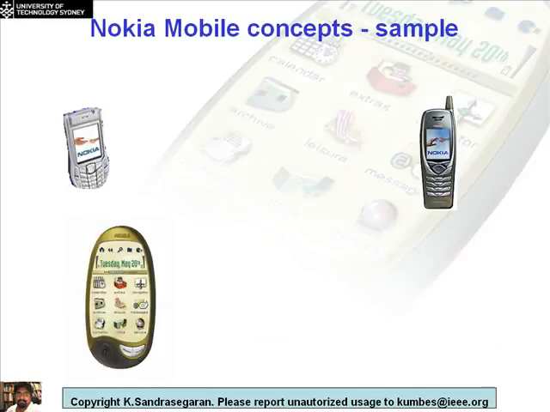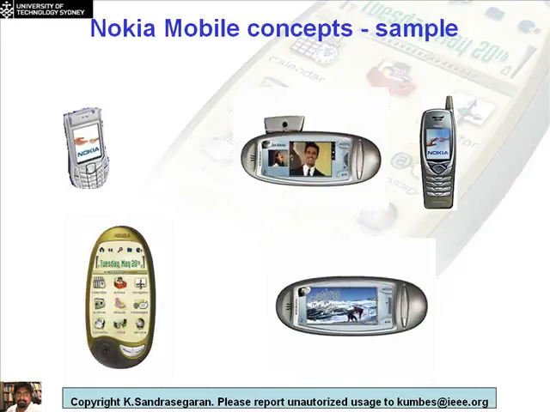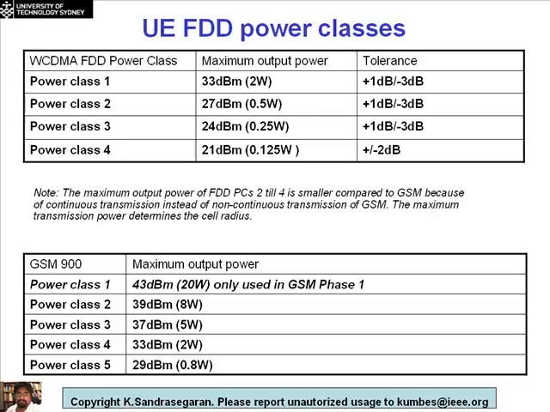This is how a typical Nokia Node B looks. Now, this slide is probably a couple of years old, from when the phones were still not out, but they were thinking of coming up with different types of phones for wideband CDMA, and these were some of the concept designs that they had. But some of these phones are now available on the market and have been for some time now.